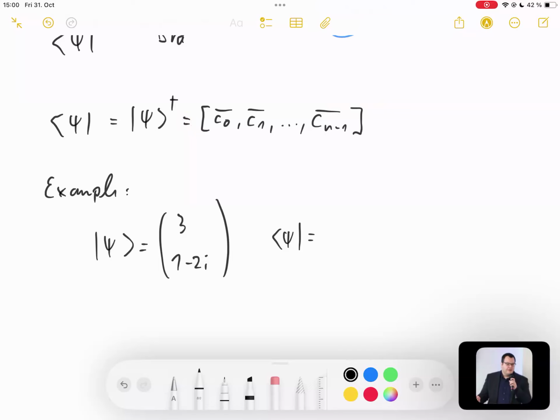We got almost the right answer; one still wrote a transpose, so there's no transpose this time. It's a real row vector. The first entry is 3 and the other one is 1 plus 2i, and it stays a row vector, not a transposed one. That's why I put the example here, just so that we're all on the same page.